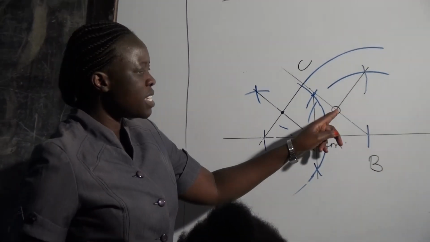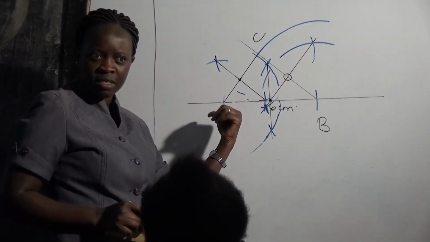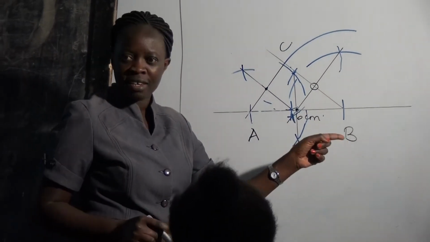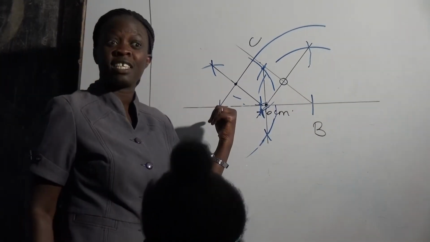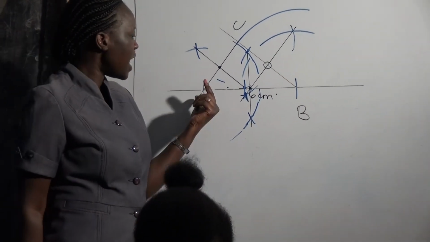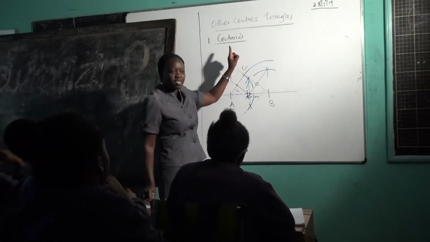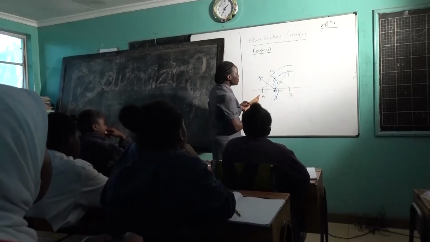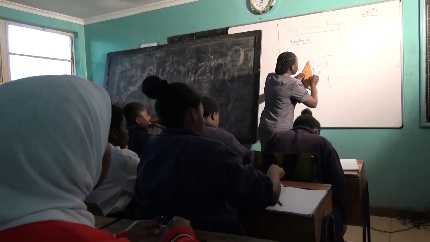From this median, we draw it towards the vertex opposite the line. So line CB is opposite vertex A. Line AB is opposite vertex C. So we join from this median to C, like that.